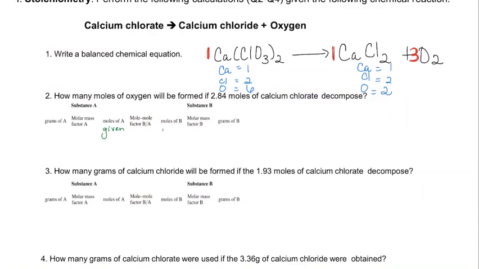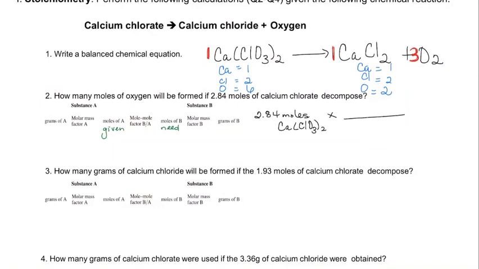What we need is moles of something else in our balanced equation. It's going to be moles of the molecular oxygen. So we're going to write down what is given to us, which is 2.84 moles of CaClO3.